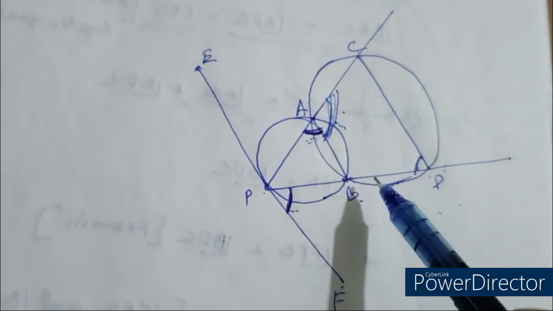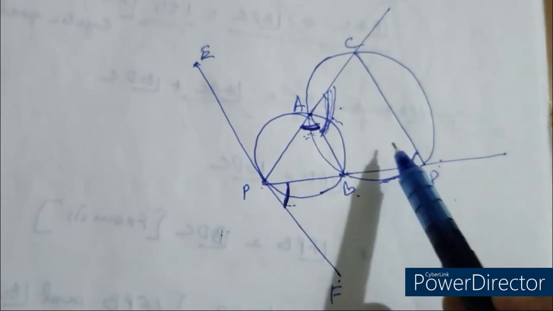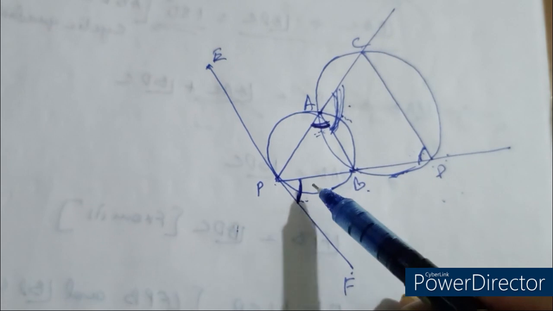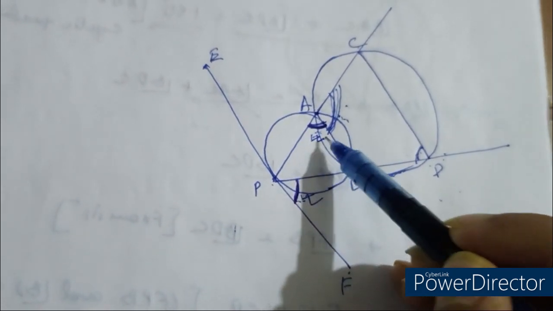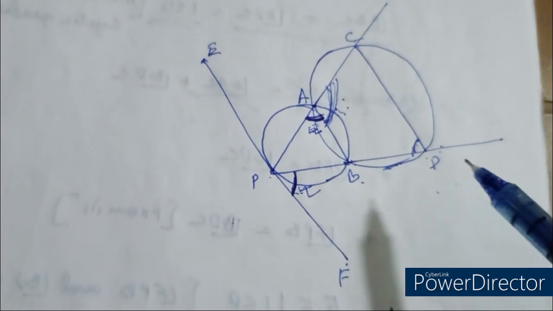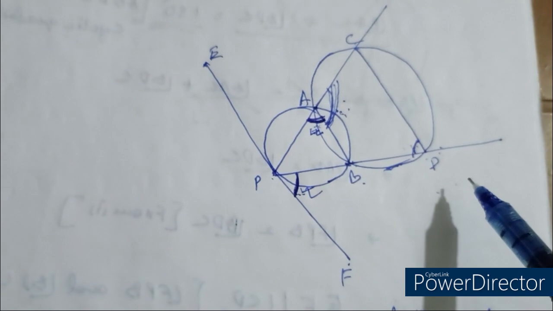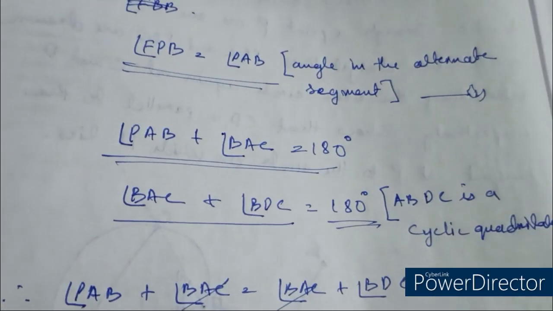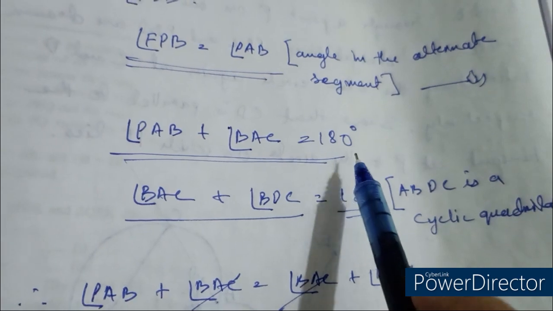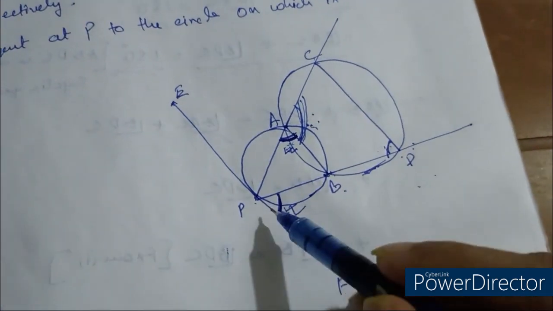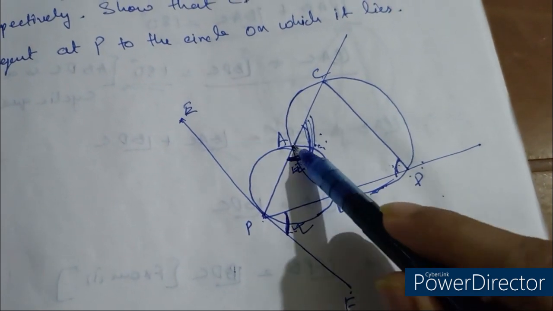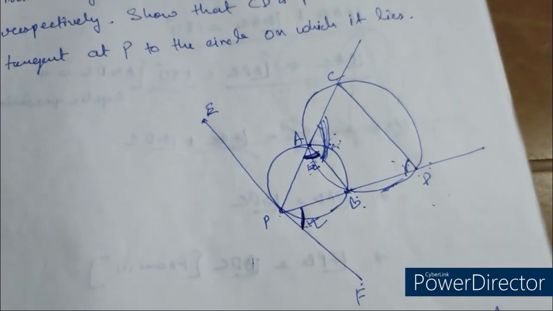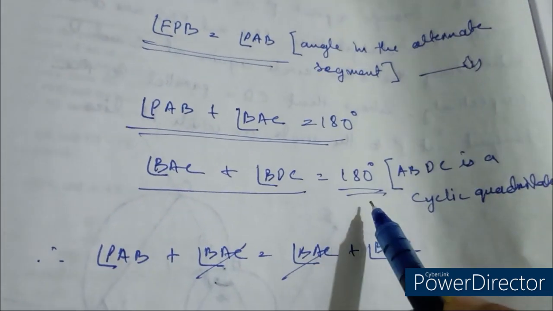So therefore, BAC plus BDC, these two angles, their sum will be equal to 180 degrees. So first I got that this angle is equal to this angle, then PAB plus BAC is equal to 180 degrees, then again BAC plus BDC is equal to 180 degrees.